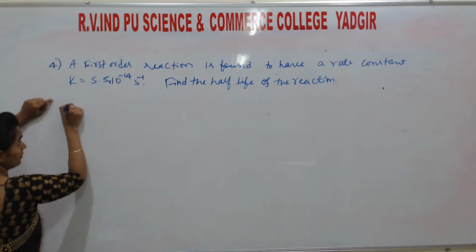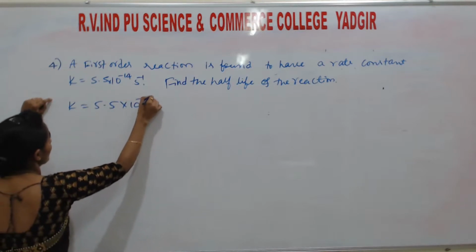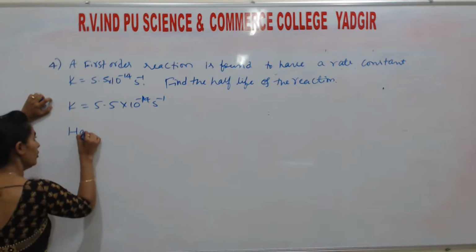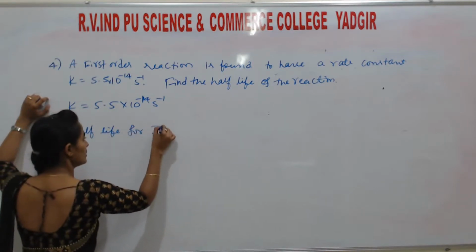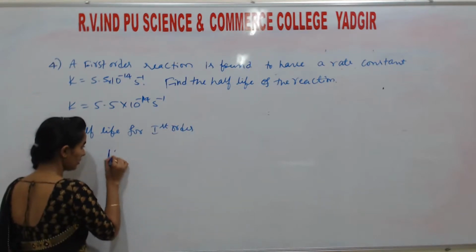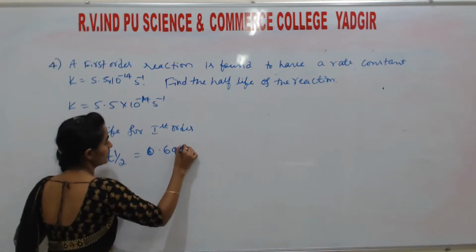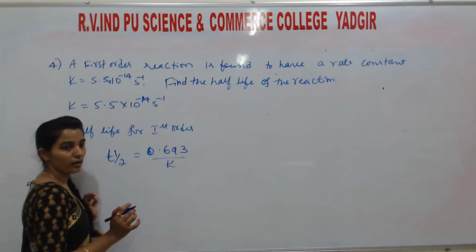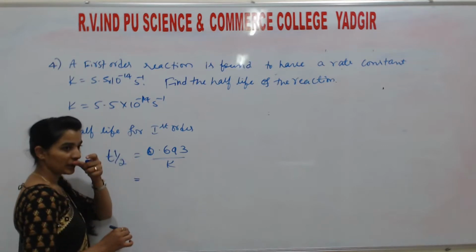Listen. Here the given K is equal to 5.5 into 10 to the power of minus 14 second inverse. So we know the half-life for a first order reaction, that is t half is equal to 0.693 divided by K. This is the equation for the half-life period of a first order reaction.